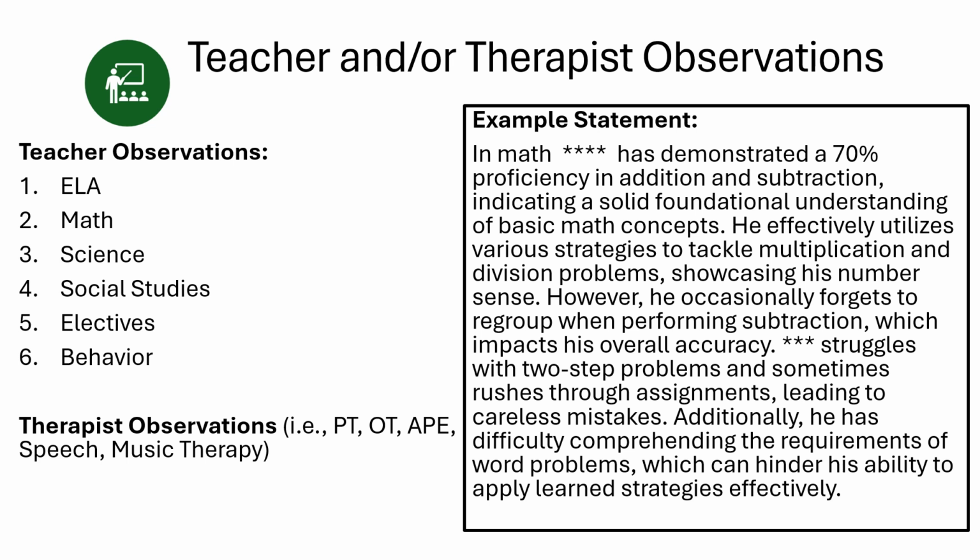There might be some numerical data included, but it's nice if you can have a statement from each of the teachers the student sees in each of the subjects, including electives if you're at the middle or high school, and a statement from each of the therapists the student sees. Again, it's building that rich tapestry picture of who that student is, where they're performing, where they might be challenged, where they're excelling.